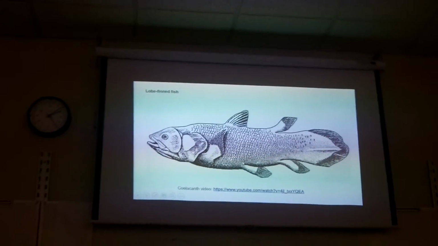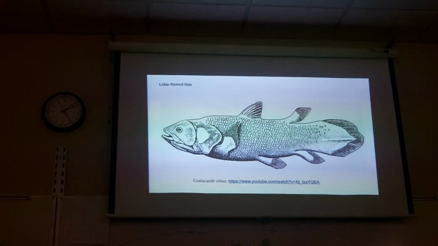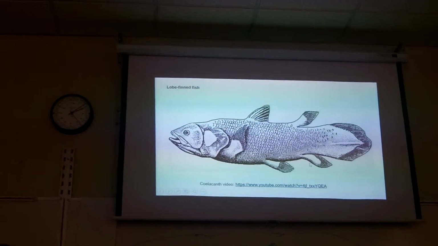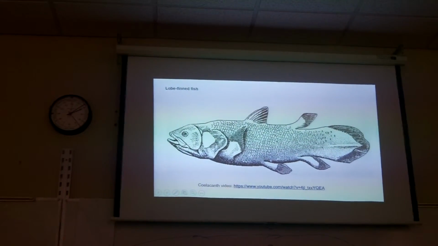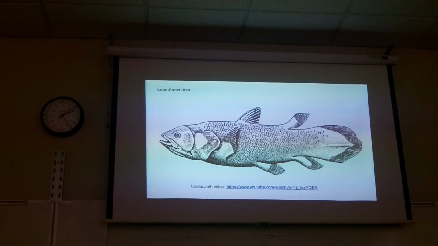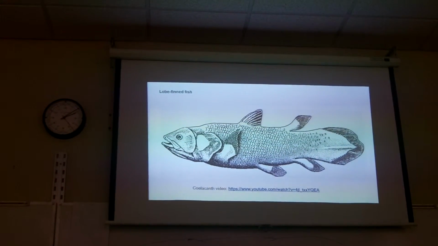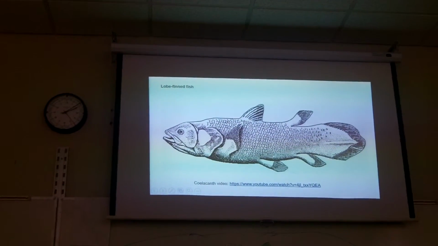I think it was in the 1930s. And they were like, hey, not extinct. And actually the local peoples caught them all the time, but they didn't realize it was not thought to exist. So that's kind of a neat story about the coelacanth, one of these lobe-finned fish.